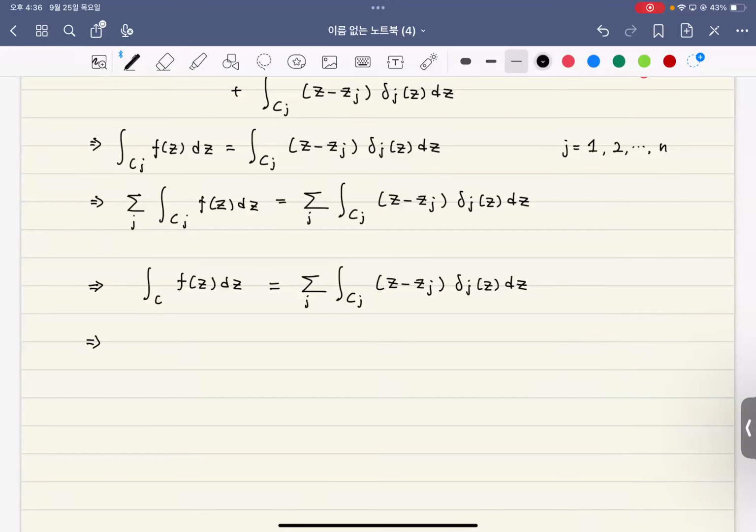So I want to show that this guy must be 0. I want to take a modulus of this number.